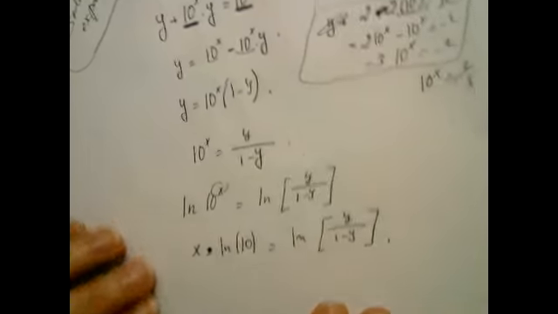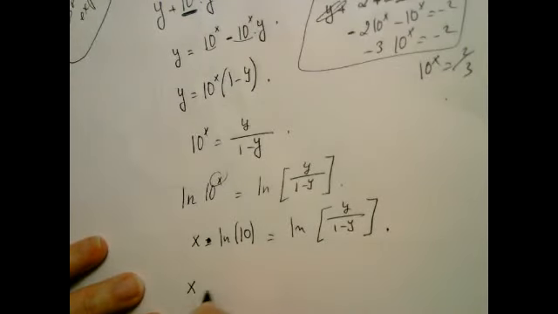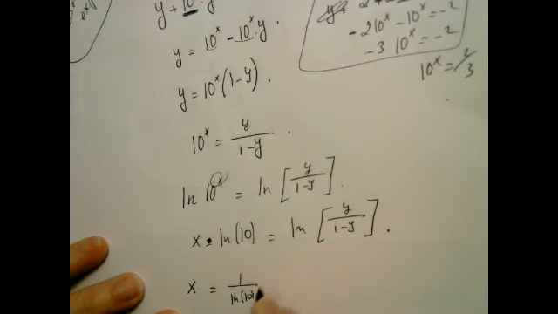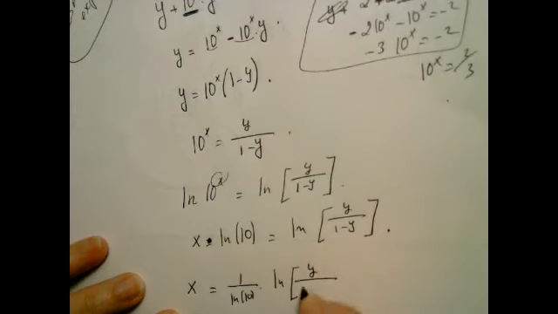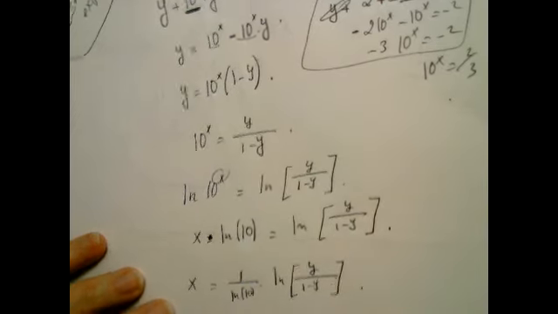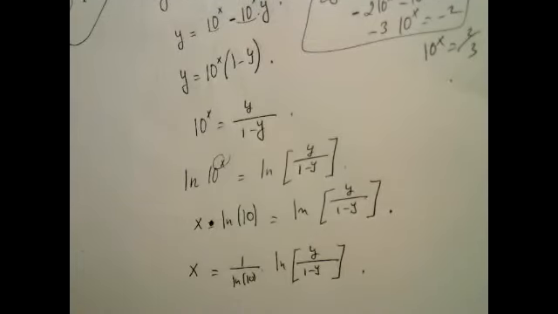So it looks a bit complicated, but it means my x is 1 over ln of 10 times the ln of y over 1 minus y. Okay, so it's mainly an algebra problem more than anything else.